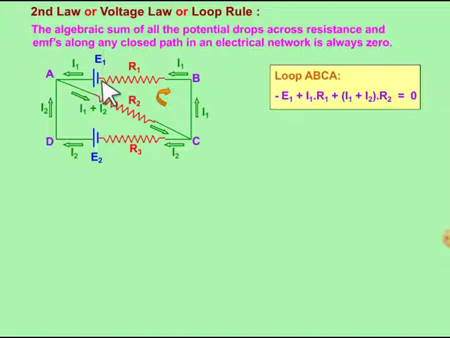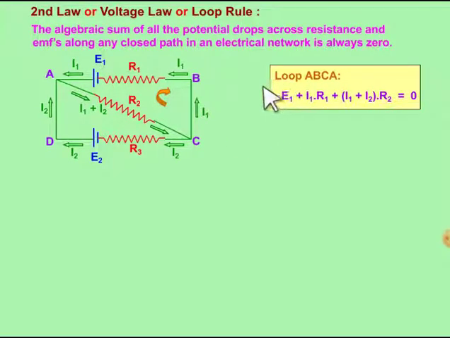So if we traverse from negative to positive terminal inside the cell itself, then that will be assigned EMF positive, otherwise it will be negative. So in our case, it travels from positive to negative terminal through the cell itself, so we have to assign negative.